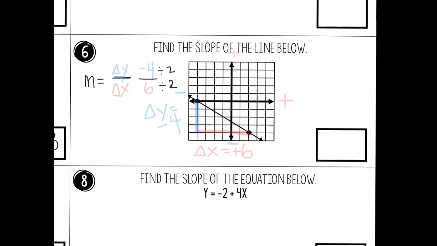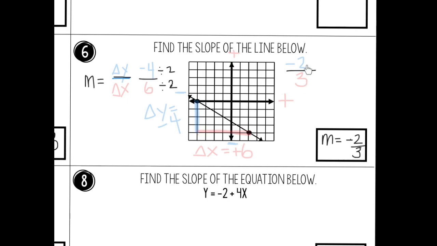What that leaves me with is -2 over 3. So my slope for this graph is m equals -2/3.